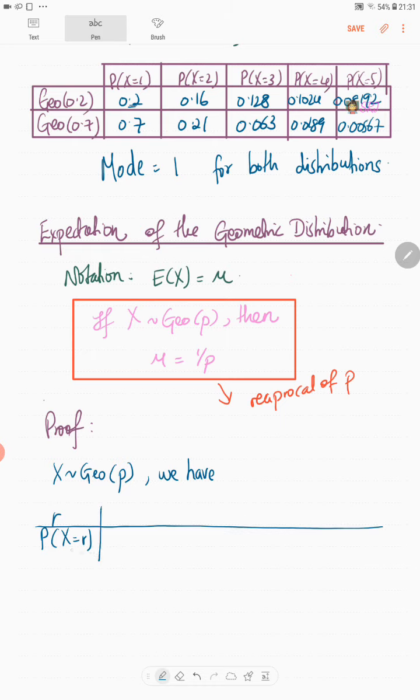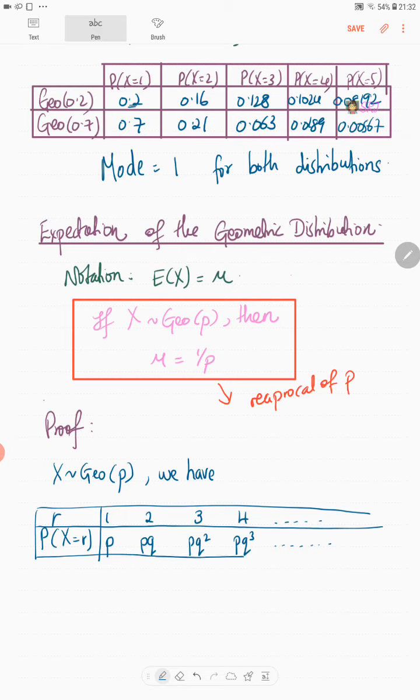Here we have X taking values 1, 2, 3, 4, and so on. And we know that the probabilities are p, pq, pq square, pq cube. So this is our probability distribution table.